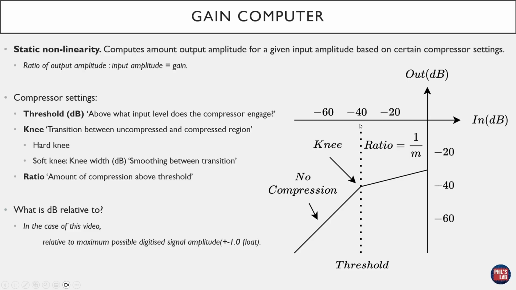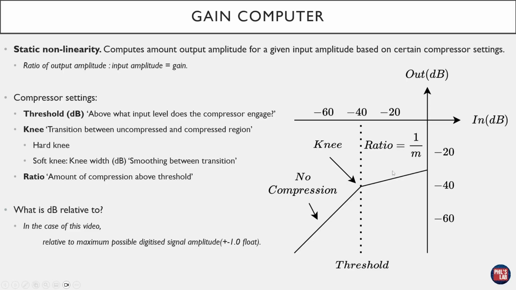So with an input amplitude of below -40 dB, so -40 dB or less, we are not applying any compression. Our output signal is equal to our input signal. It's simply a linear straight line. Above the threshold value, so in this random scenario, above -40 dB, we move past the knee, which is at the threshold, into our compressed region on the right-hand side.